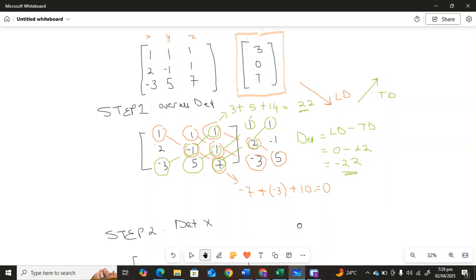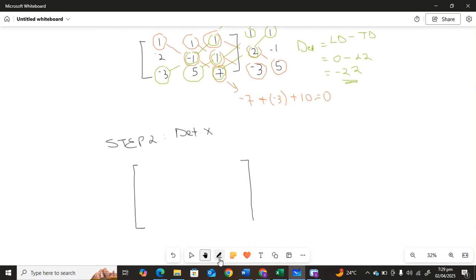So in our x column, we'll put 307. Our y column stays the same: 1, negative 1, and 5. And our z column: 1, 1, 7.